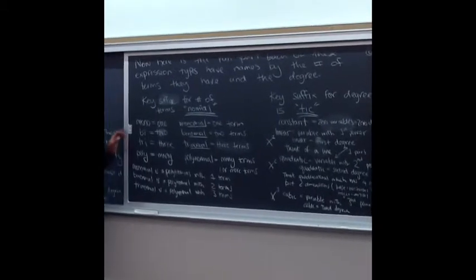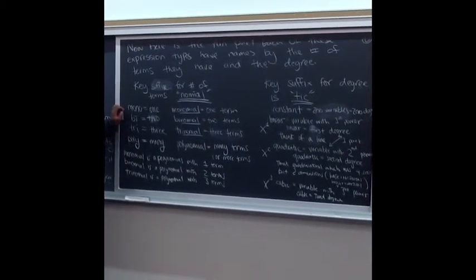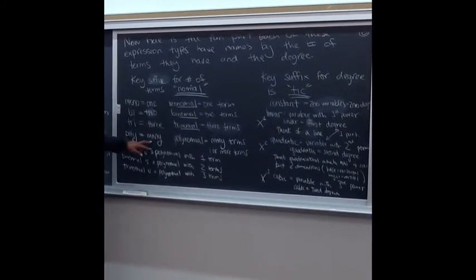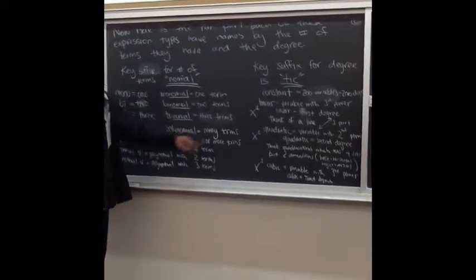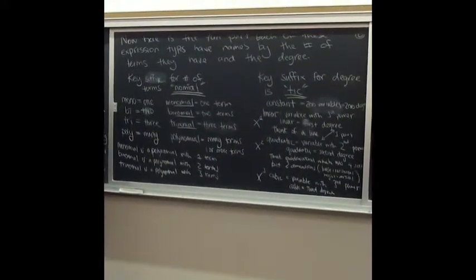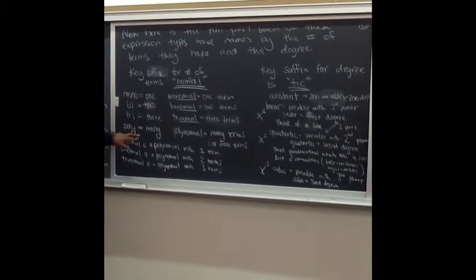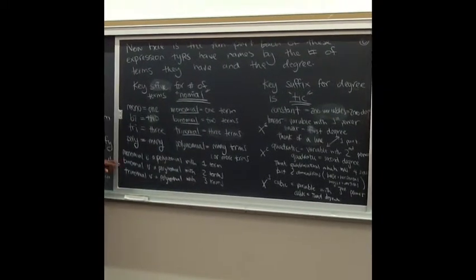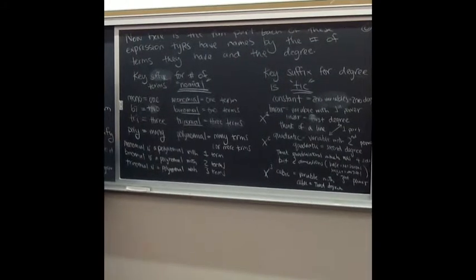Now, we could go on forever, 4 terms, 5 terms, 6 terms, but we want to generalize this by saying poly, and poly means many. So when we have a polynomial, we have many terms, or one or more terms. Now, if we want to look at this again, we can say a monomial is a polynomial with one term. We can say a binomial is a polynomial with 2 terms.